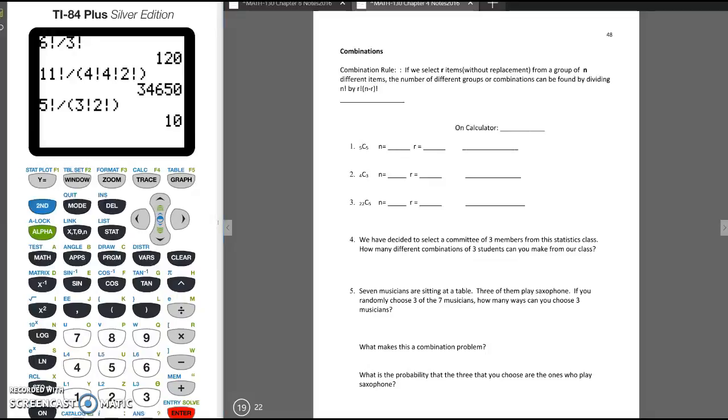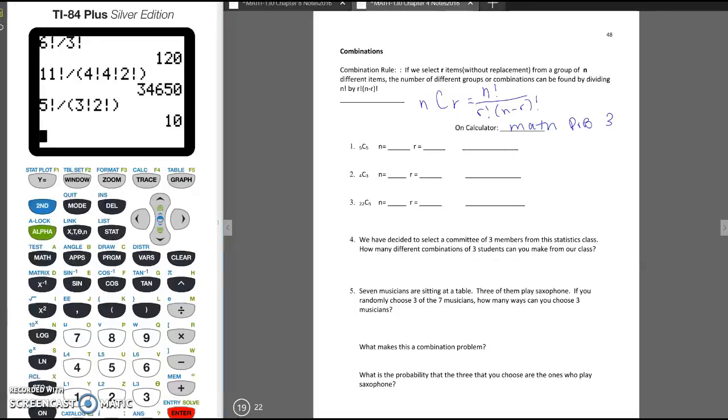This is nCr, and the formula is n factorial over r factorial times n minus r factorial. And this is going to be smaller than the number of permutations. We can do it on the calculator the same way that we did permutations. We're going to go to math, over to PRB, and this time it'll be choice 3.